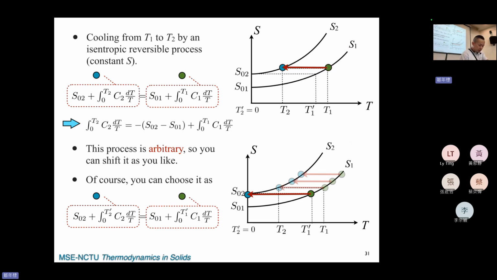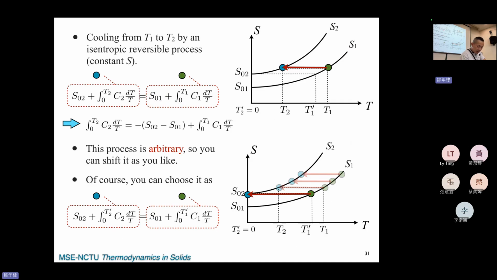Okay, so if we want SO1 and SO2 to be equal, I want S1 to have the same value as S2. Actually, we just need to add SO1 plus the integral from 0 to T1.